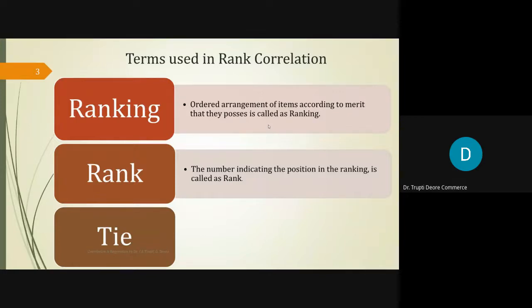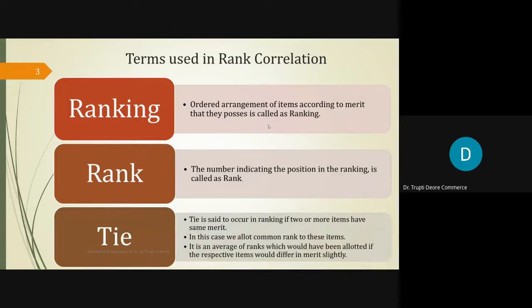But in case of ties in a competition, what is the solution? A tie is said to occur in ranking if two or more items have the same merit. They have the same score, the same merit in the series, then it is called a tie between these two or three items. In this case, we allot a common rank to these items.